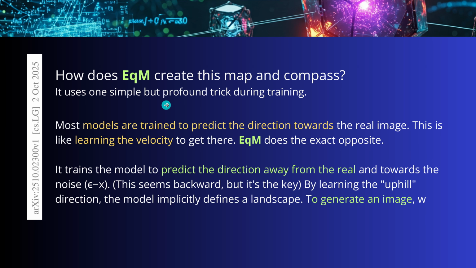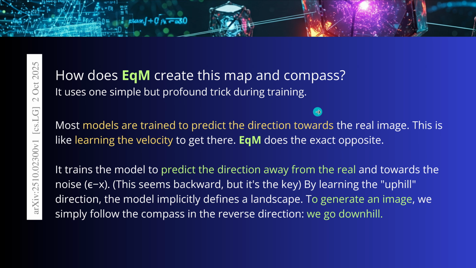Now, most models are trained to predict the direction towards the real image. This is like learning the velocity to get there. And now the trick, quotation mark, is we do the exact opposite. And I will explain later why, but let's do this simple explanation first. So EQM trains the model to predict the direction away from the real and towards the noise.